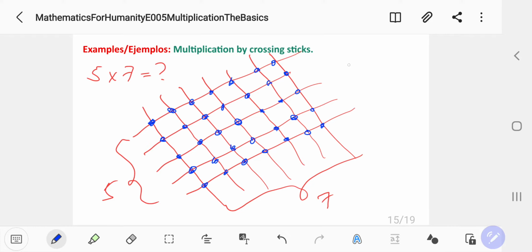So 5 times 7 equals 35. And of course, this is also equal to 7 times 5 equals 35. I hope you got it.